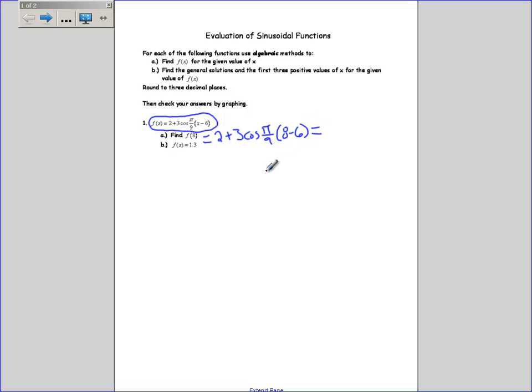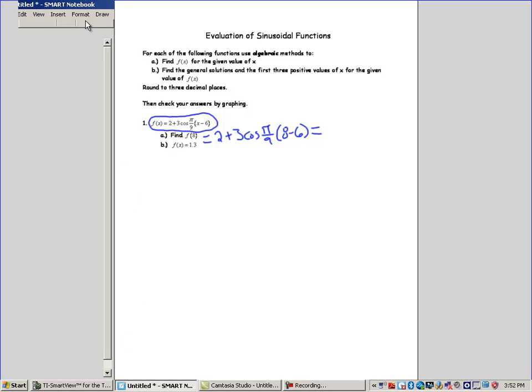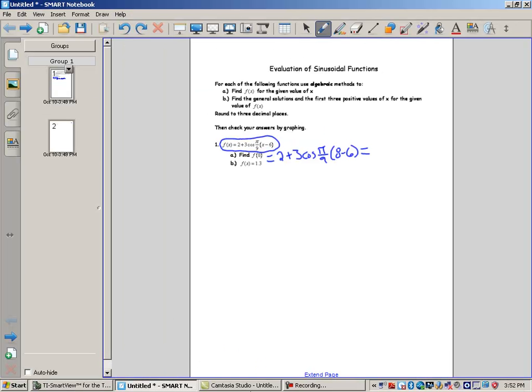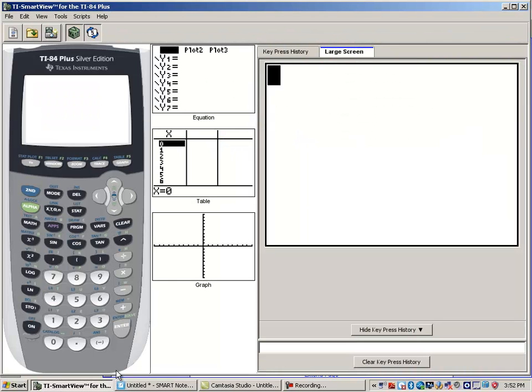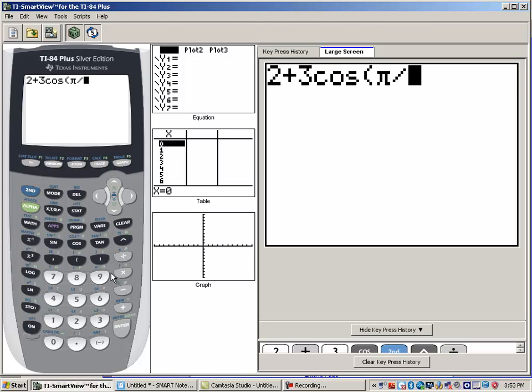And we can get that from our calculator here. So let's get to our calculator screen. 2 plus 3 cosine pi over 9 and then times 2. So I'm going to do 2 plus 3 cosine of pi over 9.